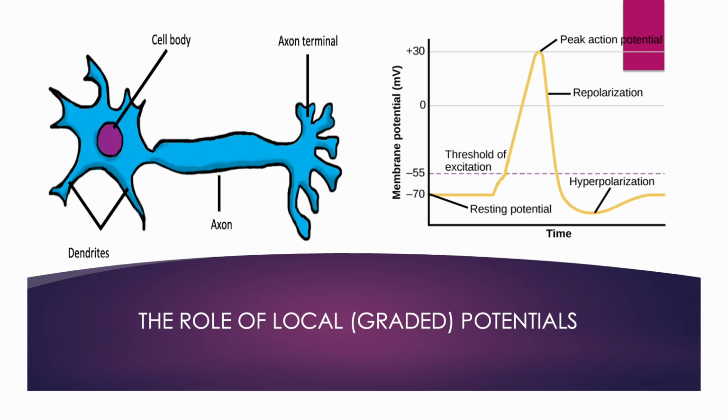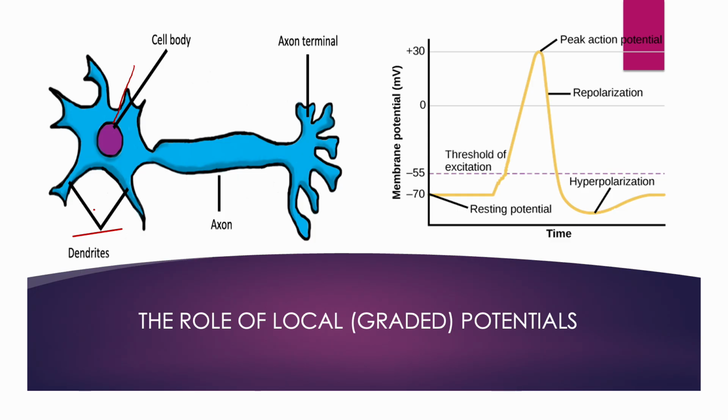This typically happens right in the dendrites and the body of the cell. The dendrites are listed here, and the cell body is listed here. What's important is that the effects are limited and they fade away the further they get from the source of the stimulus.